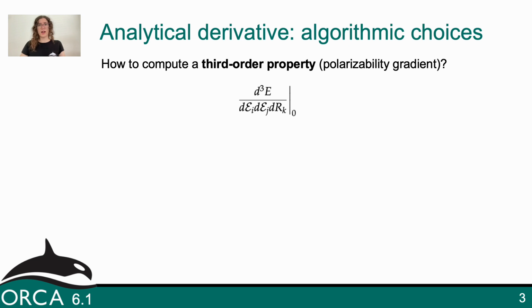I would now like to guide you through the choices that we've made in order to make the calculation of that analytical derivative computationally efficient, because we're already dealing with a third derivative of the energy. And because we're basically doing perturbation theory, we can apply all of the tricks that we know from there.